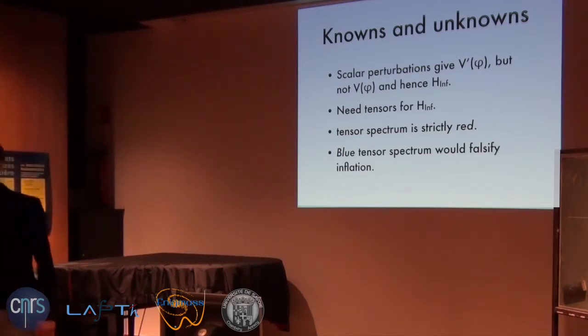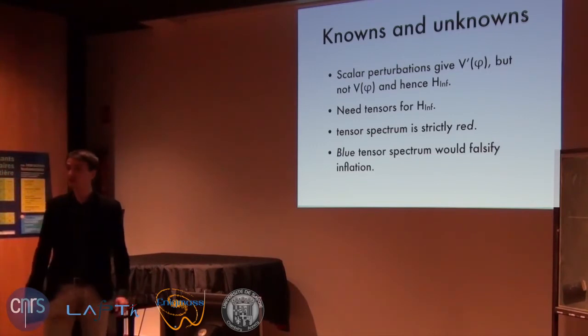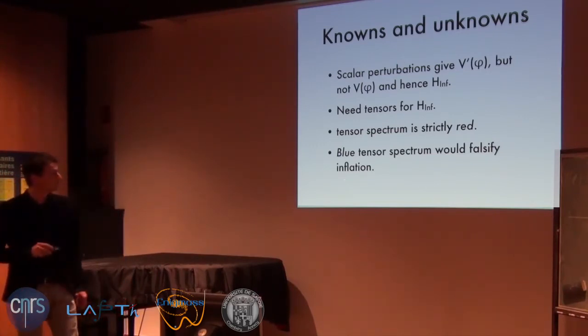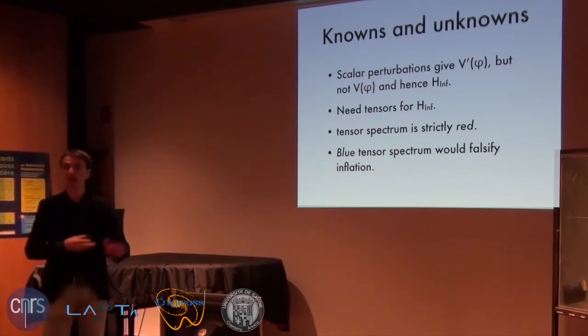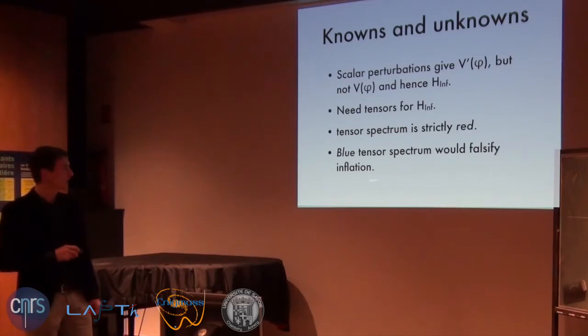There are papers around that claim that you can get blue tensors with very particular models of inflation. I have not studied them, so this statement is only true for a generic class of models, but it may not be true for any fundamental theory that produces inflation. But it would be a big downer for inflationists if the tensor tilt could be observed to be blue.